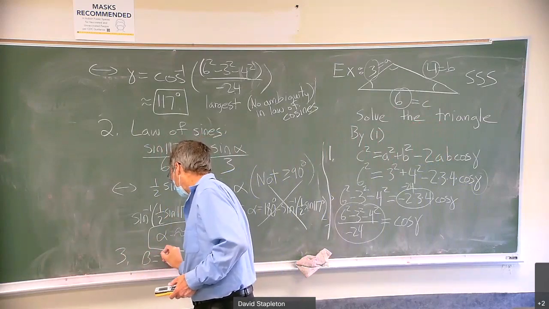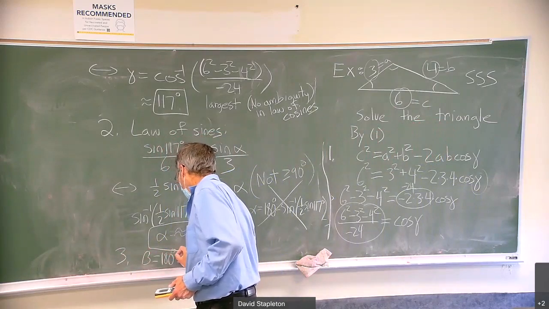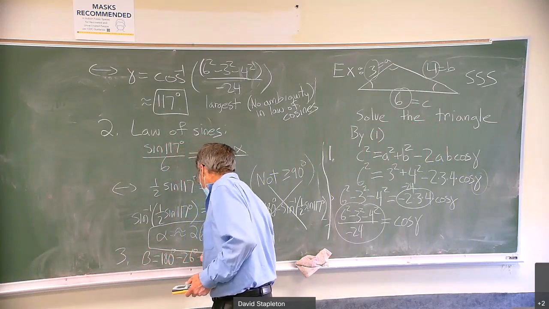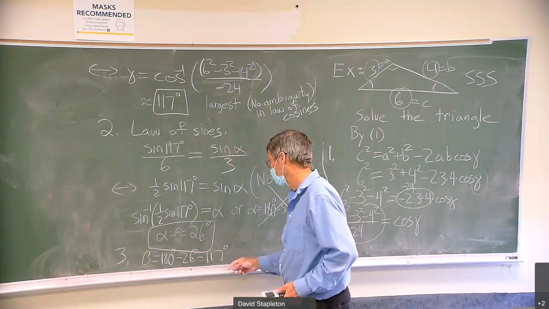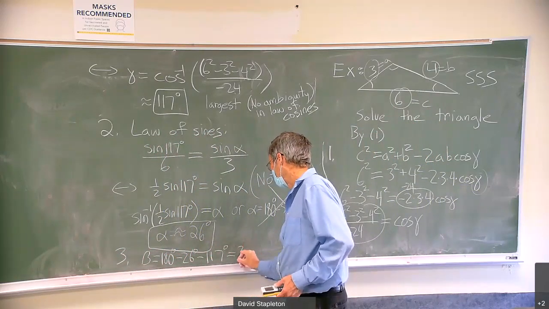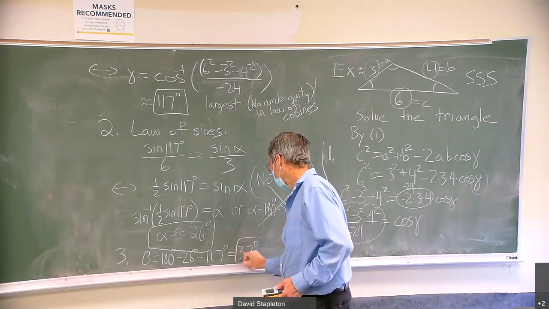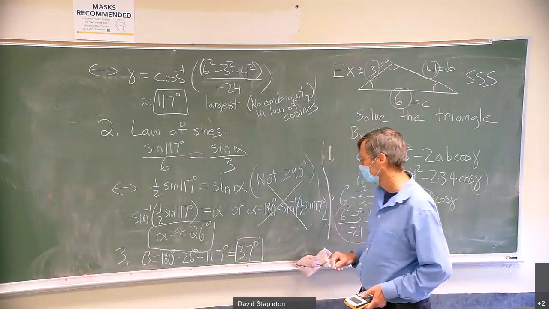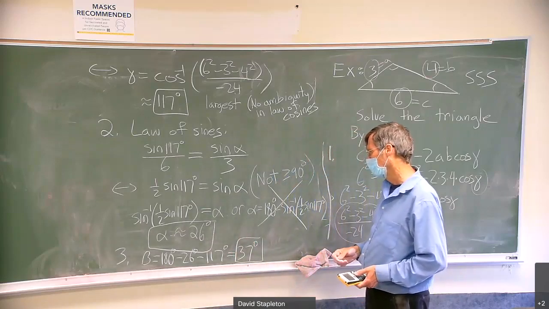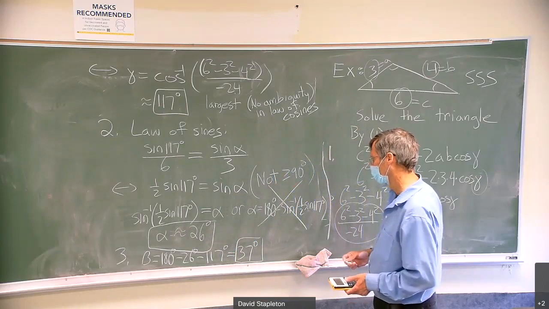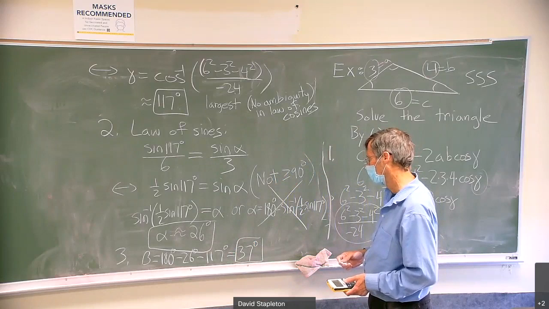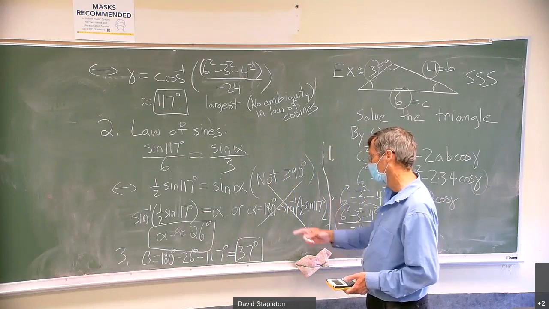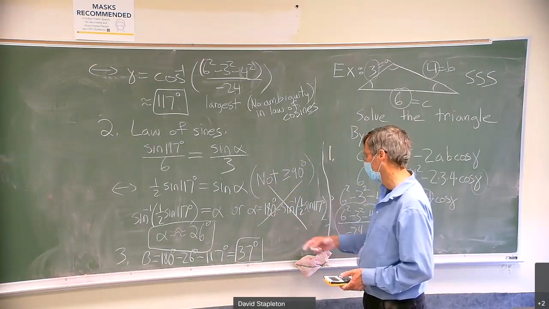Beta must be 180 minus the two angles. 180 minus 26 minus 117. Let's see, that's 143, right? So this is 37 degrees. There's the last angle. Is that right? 143, yeah, okay, good.